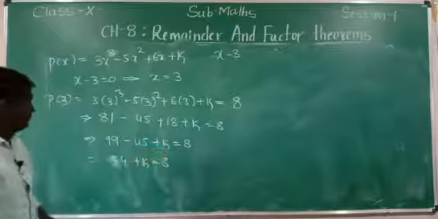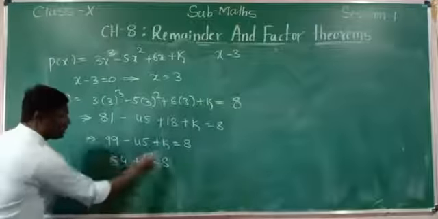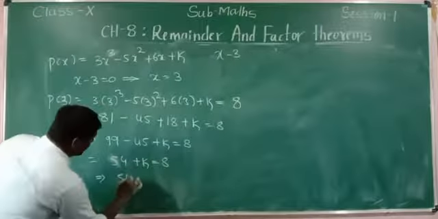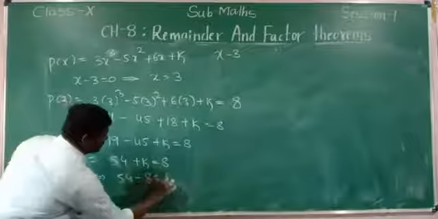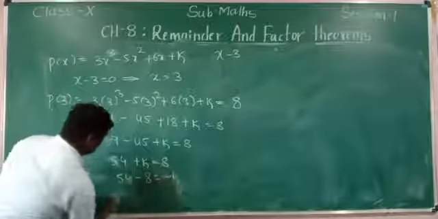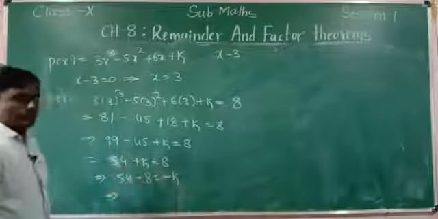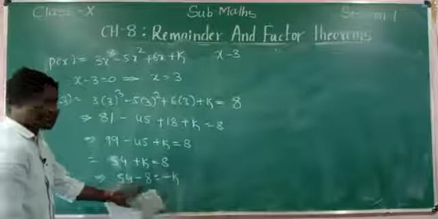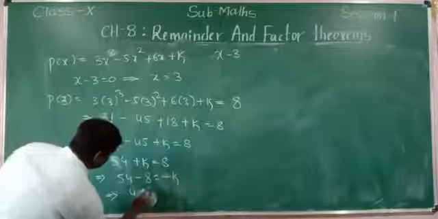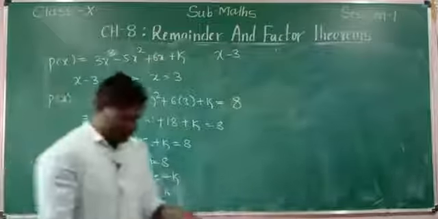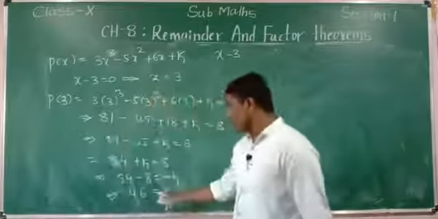Next, take this k to the RHS side. So 54 minus 8 is equal to minus k. Now 54 minus 8 is 46, which is equal to minus k. But what do we need here?